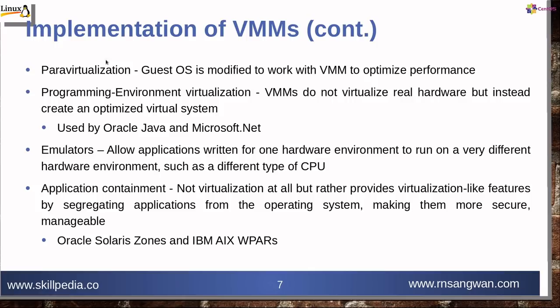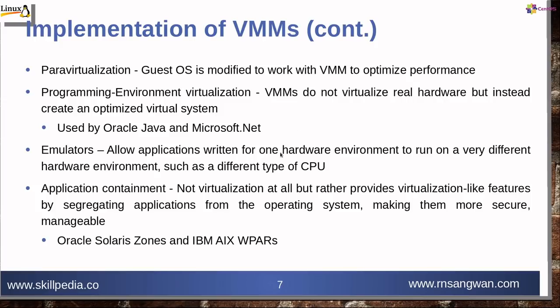Then we have another concept called paravirtualization, where the guest operating system is modified to work with the virtual machine manager to optimize performance. We also have programming environment virtualization, where virtual machine managers do not virtualize real hardware, but instead create an optimized virtual system like Oracle Java and Microsoft .NET. They create the JVM. Then we have emulators.